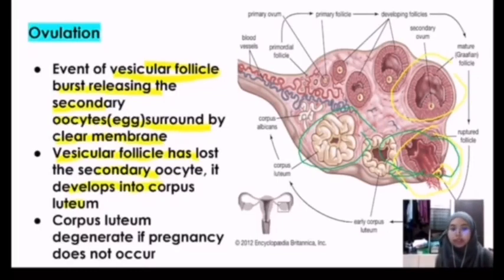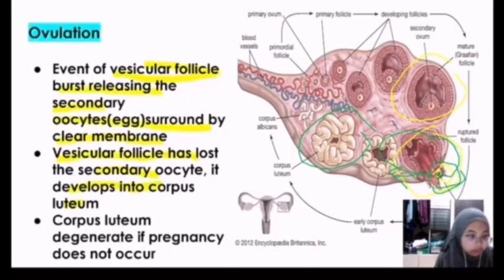And the secondary oocyte enters the uterine tube, and if fertilization occurs, a sperm enters the secondary oocyte, and the oocyte can complete the meiosis and become an egg.